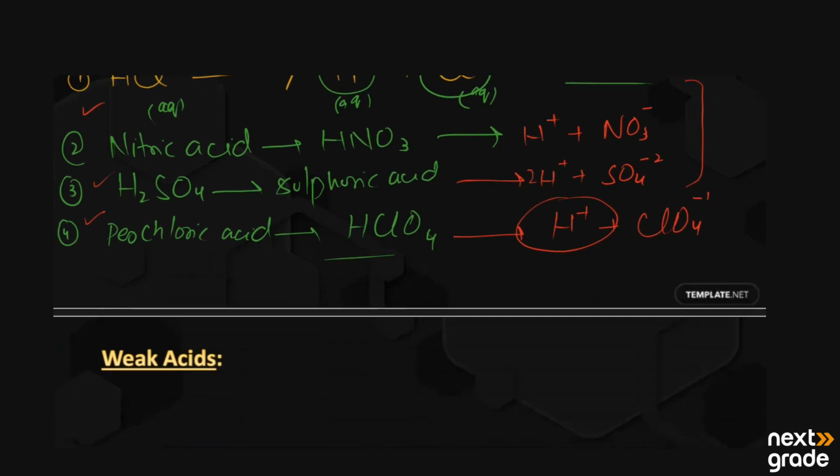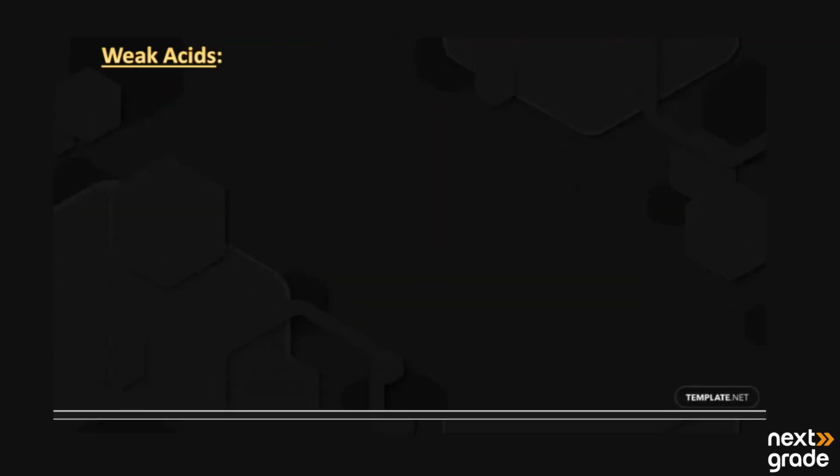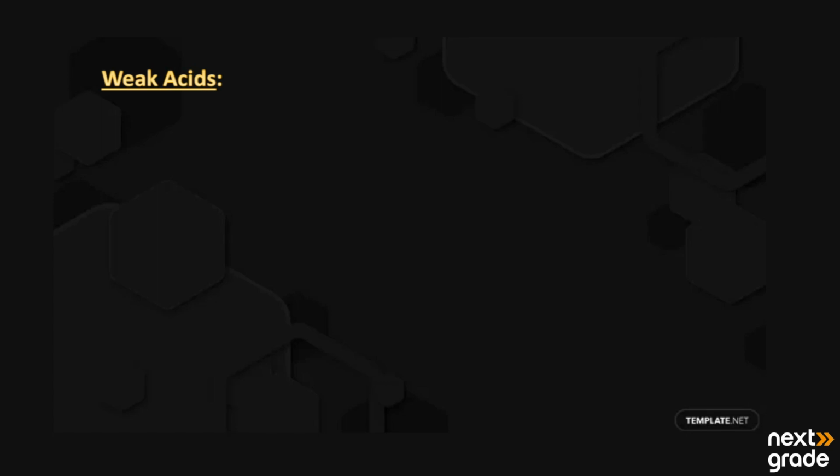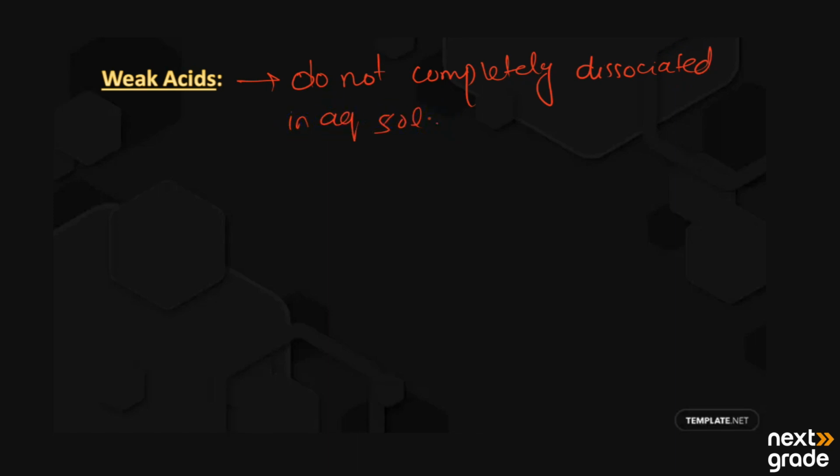Now let's have a look at the weak acids. What type of acids will be known as weak acids? The acids which do not completely dissociate in water or in aqueous solution, and produce a lower concentration of H positive ions, are known as weak acids.